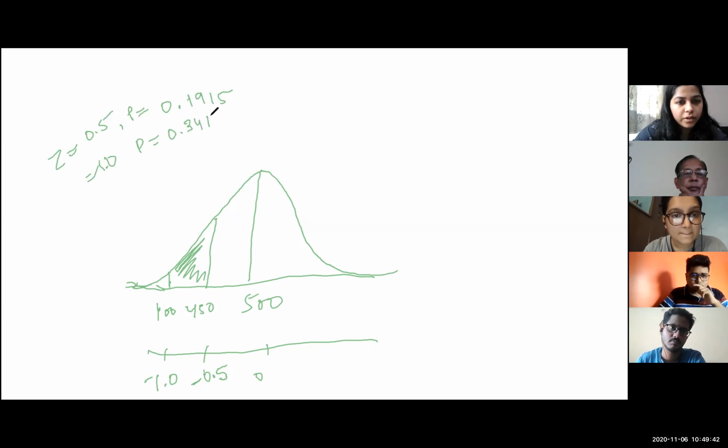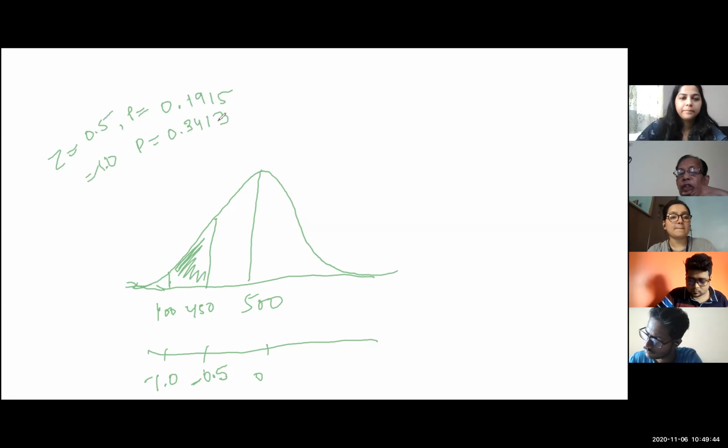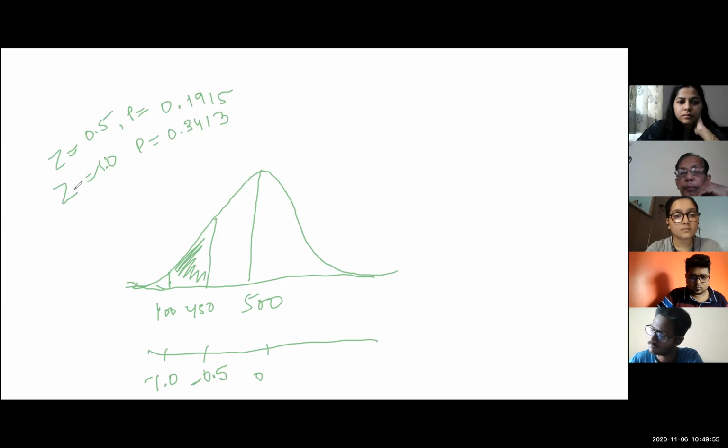Okay, all of you stop writing, look at the screen, at what Soumya has done. Now see, the first one, the probability of 0.5, which is 0.1915, from where to where? Soumya, do you know how to change color?